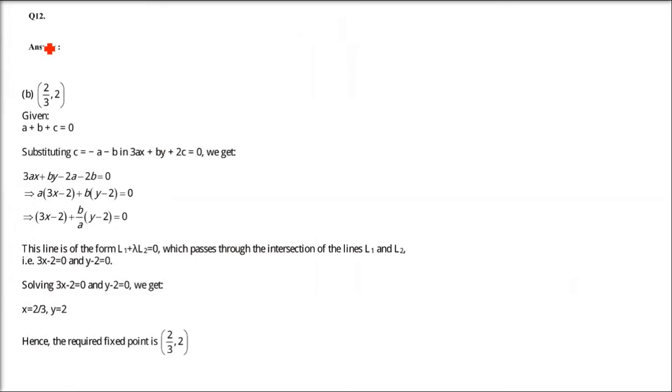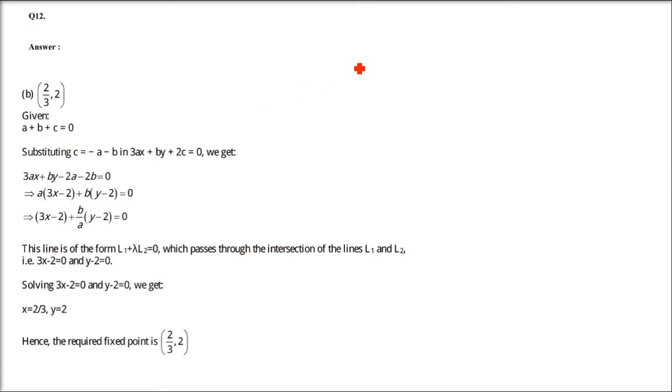Next one is, if a plus b plus c is 0, then the family of lines 3ax plus by plus 2c equals 0 passes through the fixed point. We have already done this type of question.